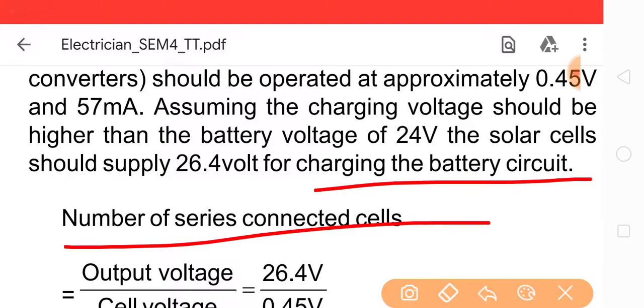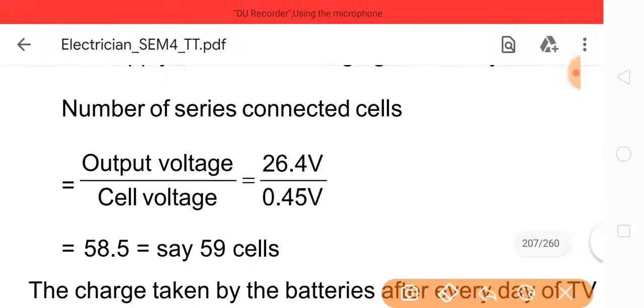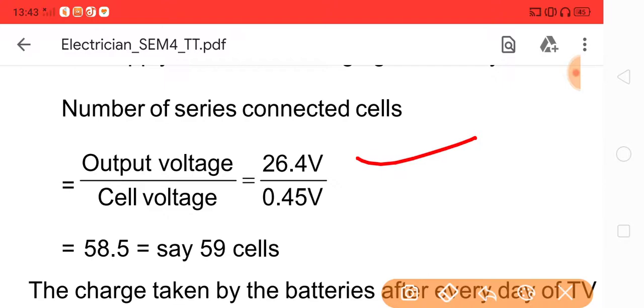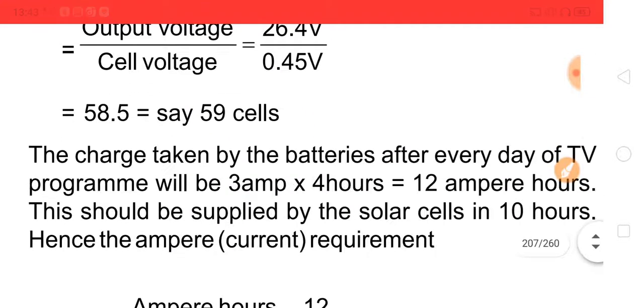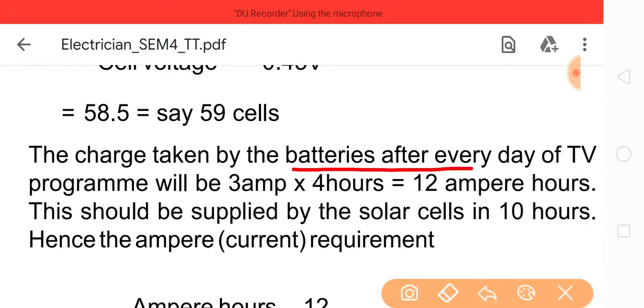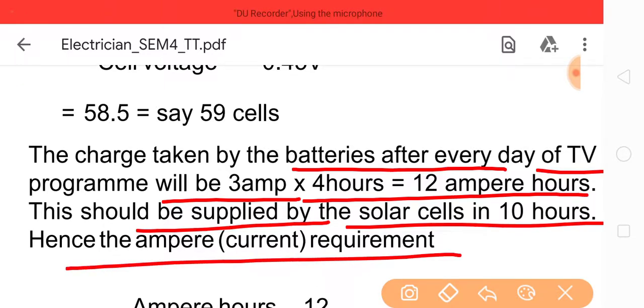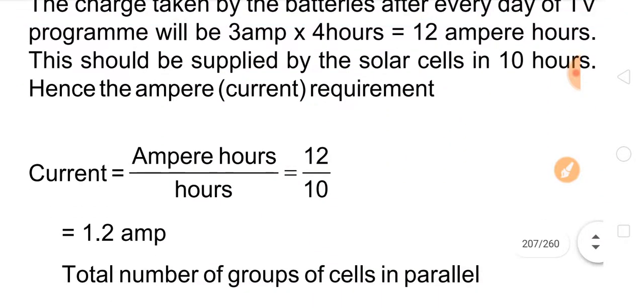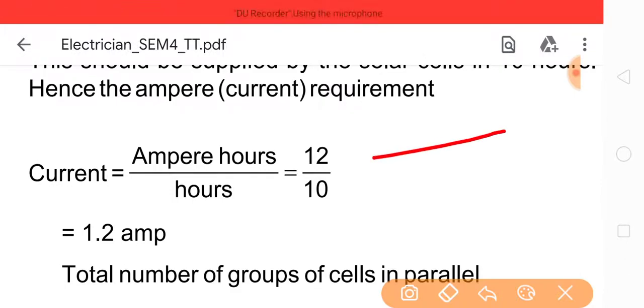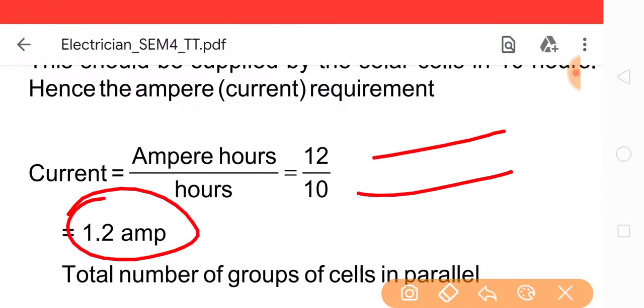Number of series connected cells is output voltage 26.4 volt divided by cell voltage 0.45 volt, equal to 58.5, say 59 cells. The charge taken by the battery after every day of TV programs will be 3 amperes times 4 hours, 12 ampere hours. This should be supplied by the solar cells in 10 hours. Hence the current requirement is 12 ampere hours over 10 hours, thus 1.2 amperes.